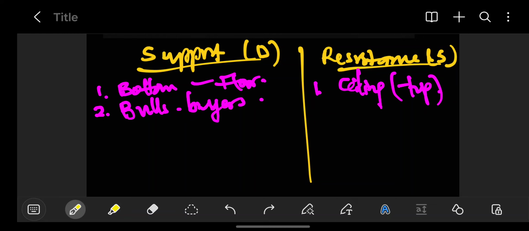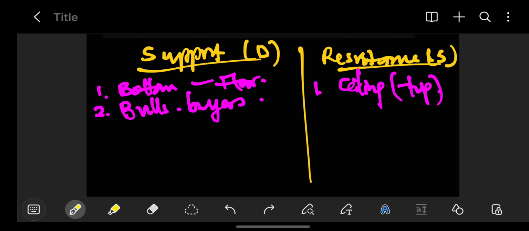Which means that at the support, we tend to find more buyers than the sellers. That's the home for the bulls, which is why when the price gets to this floor, it tends to bounce from there and then it goes up.